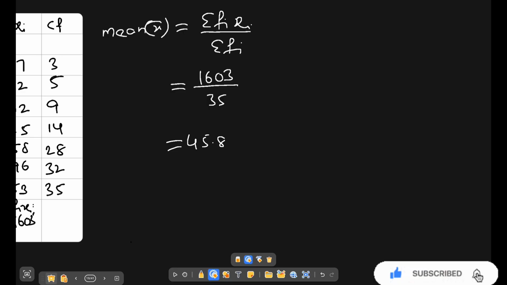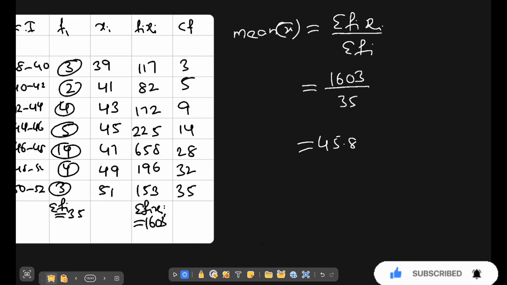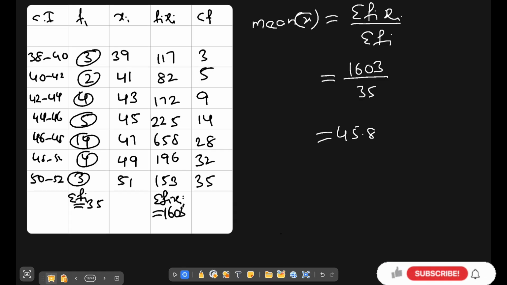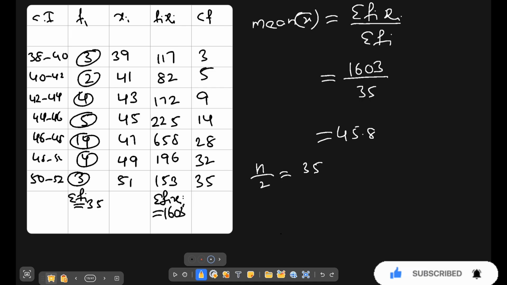Next, median. How do we find the median? We have to identify the median class. To identify the median class, we have to do n by 2. 35 by 2 is 17.5. So we have to identify the class whose cumulative frequency exceeds 17.5 for the first time.